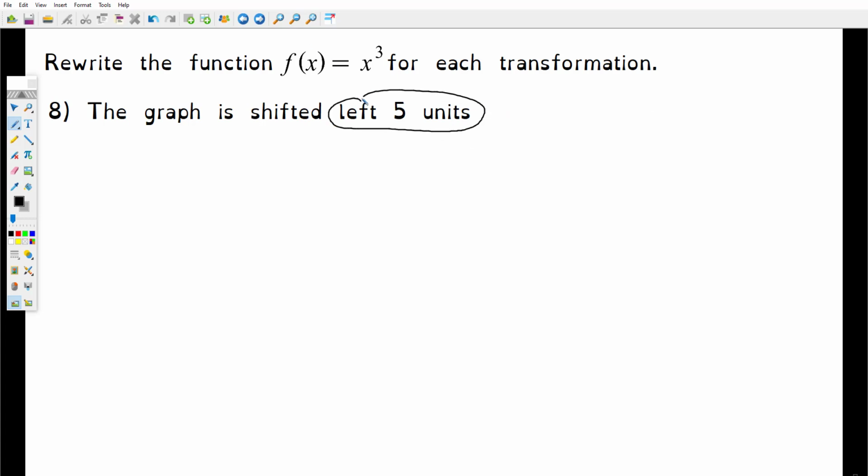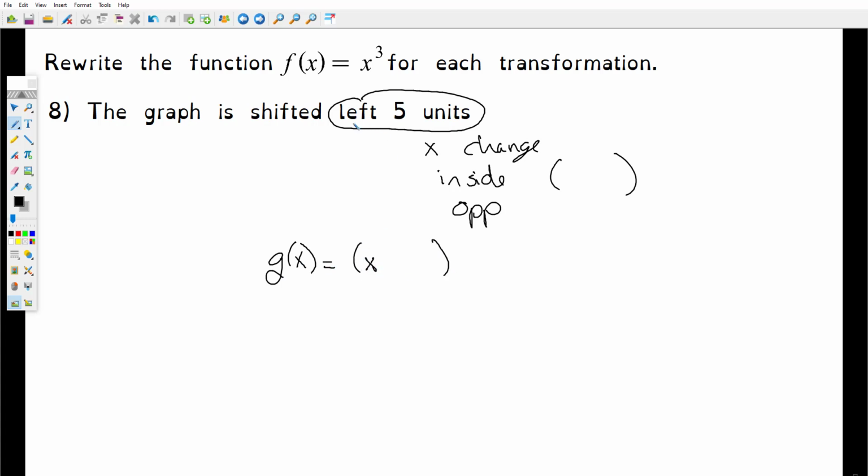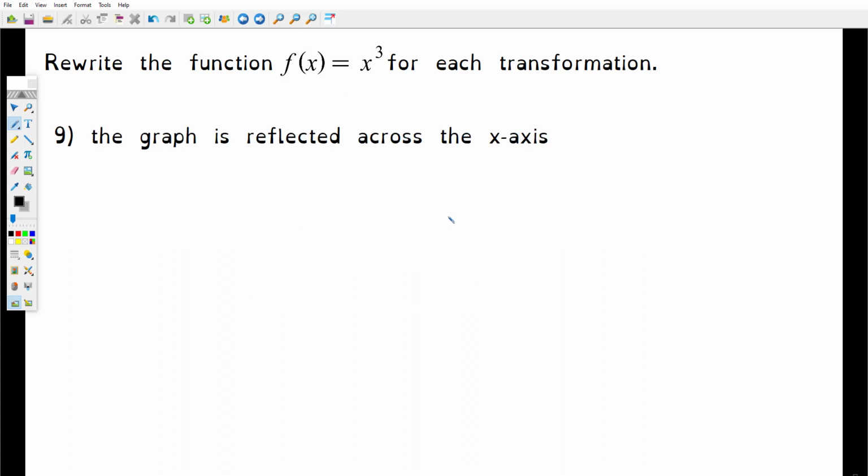Shifted left is an x change, so inside, and that means it needs to be inside parentheses, and it's going to behave opposite. So g of x is equal to, we have it inside the parentheses, so x left is going to become plus 5, cubed. Okay, reflections.